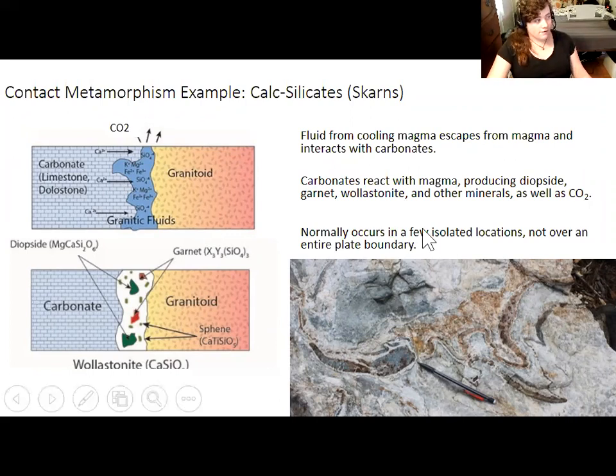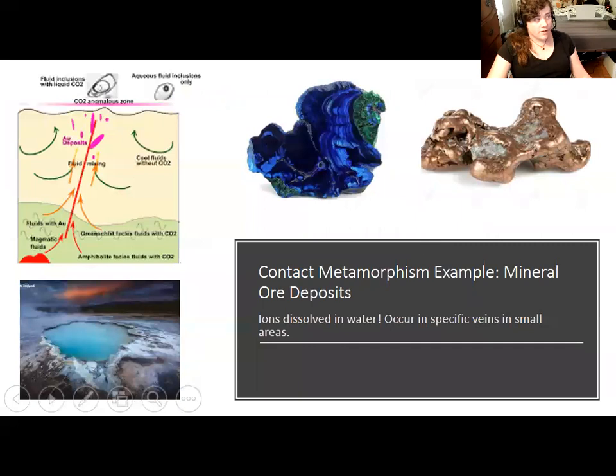And another example of contact metamorphism is when fluids, often from magma, will pass through veins and cracks in the rock. And when the water gets evaporated or dissipated, it'll leave behind the ions that were previously dissolved in it as solid minerals. So you'll get copper as well as associated copper minerals like azurite and malachite, as well as silver and gold left behind.